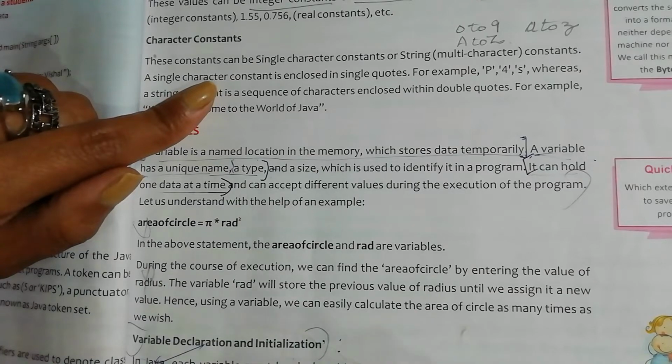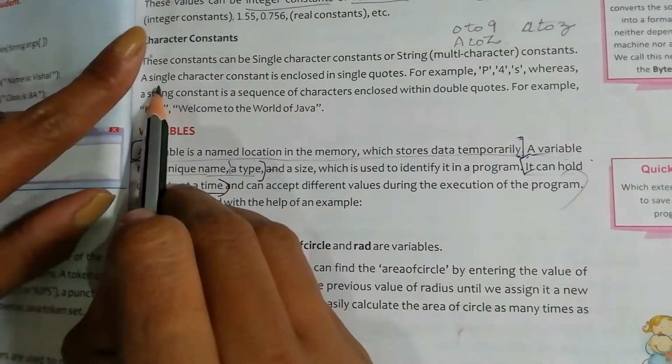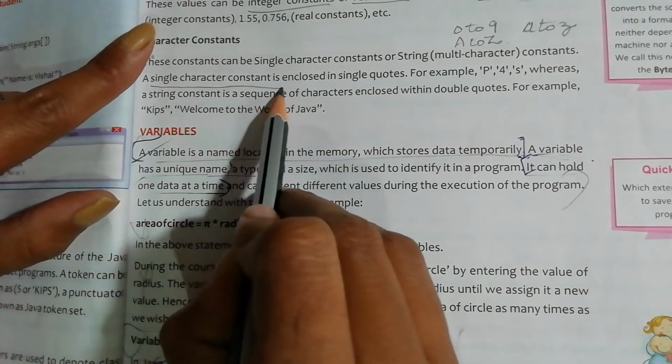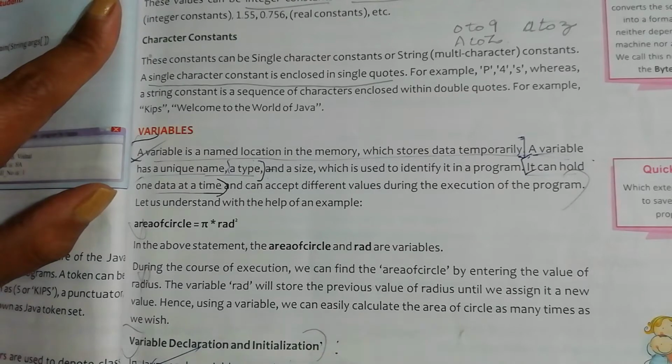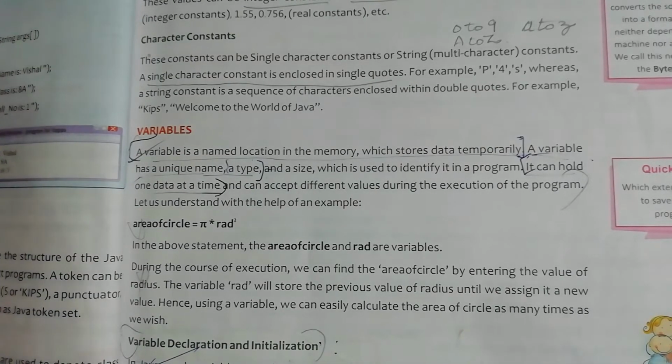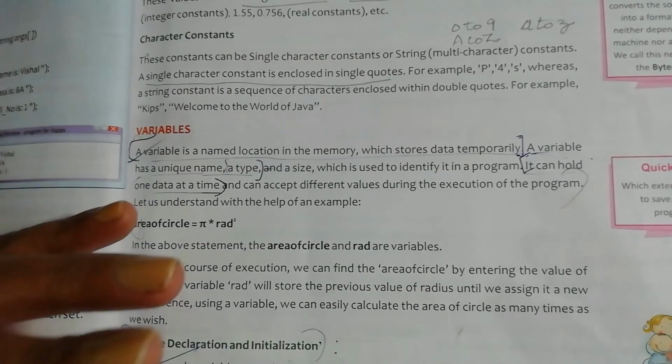But there is a condition. A single character constant is always enclosed in single quotes. हमेशा जो character constant रहेंगे उनको आपको single quotes में hold करके रखना है, contain करके रखना है.